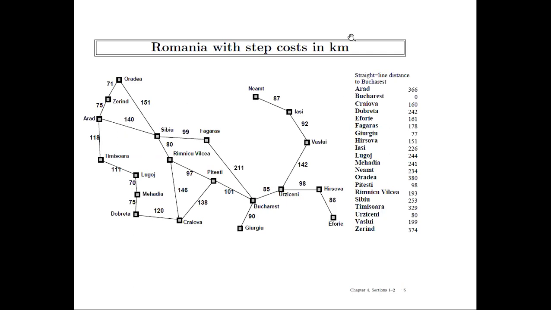So 140, 99, plus 211. How many is this? 310, 350, 450, I guess, if I am right.